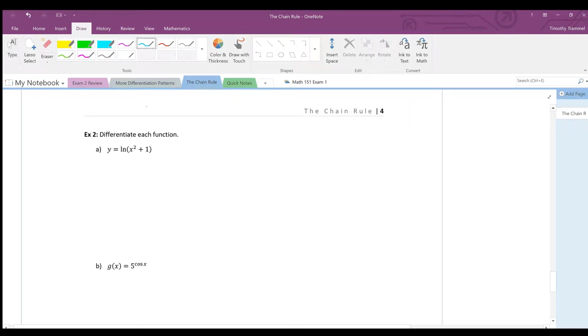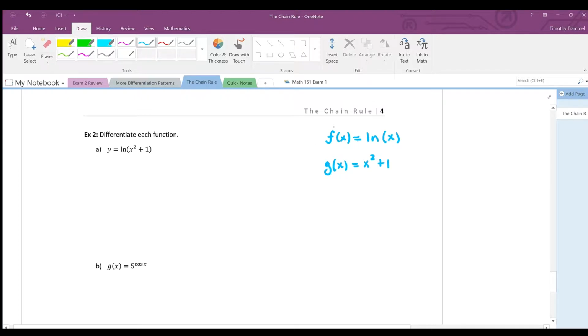All right, so here is our first one. And again, you might find it helpful to write on the side here what f and g are. You don't have to, but f would be the natural log of x, and so then g of x, the inside function, is x squared plus 1.